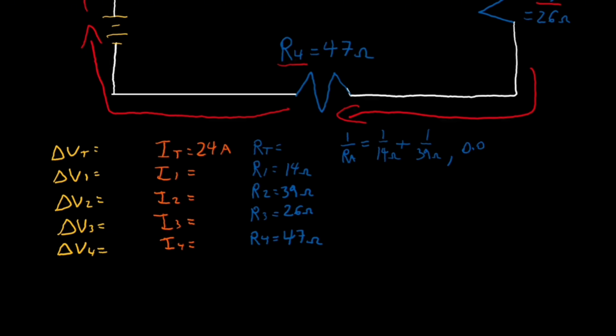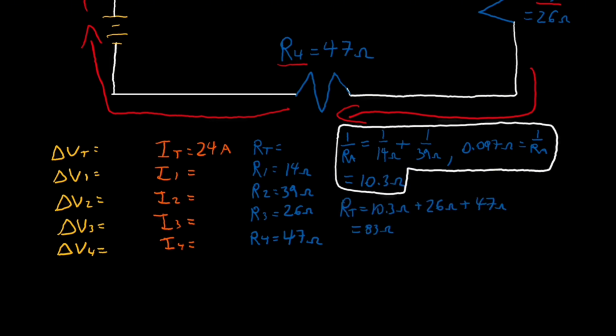You should get 0.097 ohms equals 1 over RA. Taking the reciprocal of each, RA should equal 10.3 ohms. And to find RT, it equals 10.3 ohms plus 26 ohms plus 47 ohms to get a total of 83 ohms, rounding to 2 significant digits.